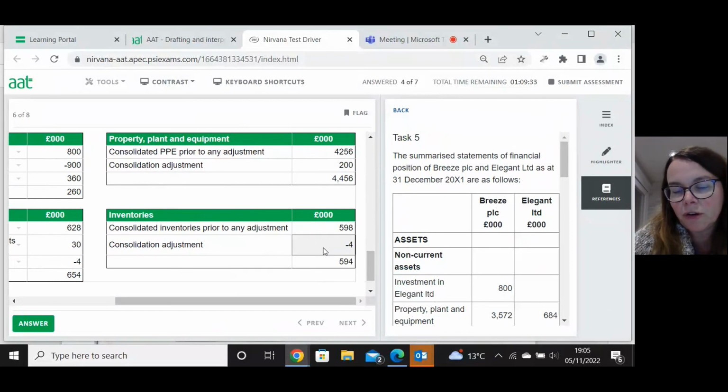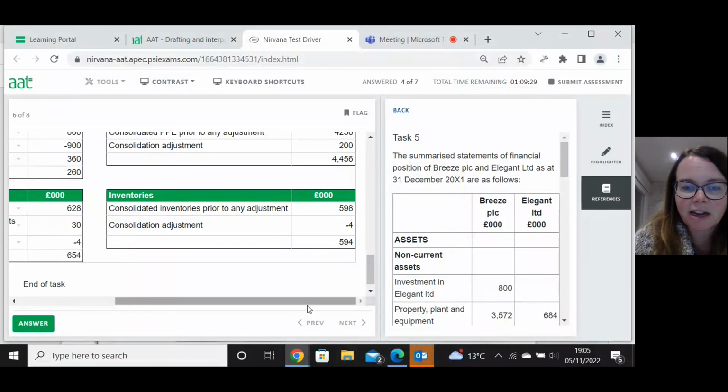So we could have done it there instead. I didn't realise those workings were there, to be frank. So that's why I did it the way I showed you. So armed with that, we've got 260 for goodwill, 654 for retained earnings. We've got 4456 and 594. They should already be in.